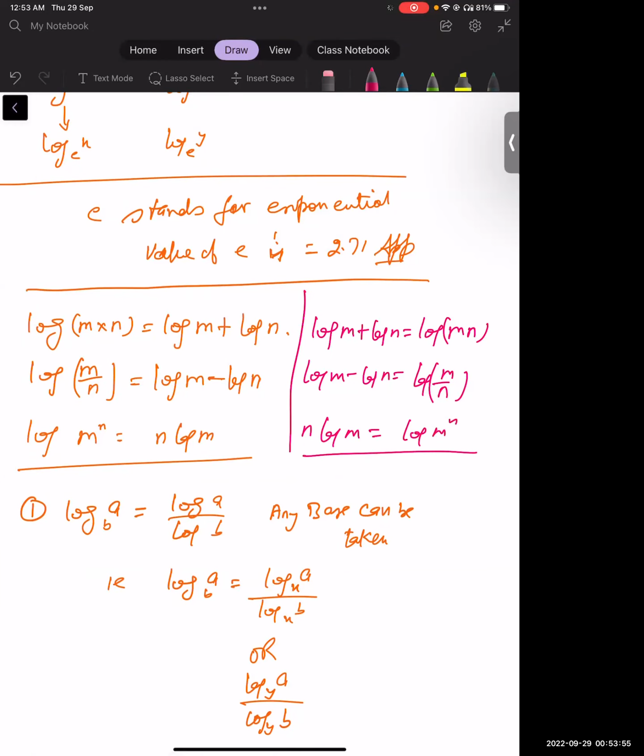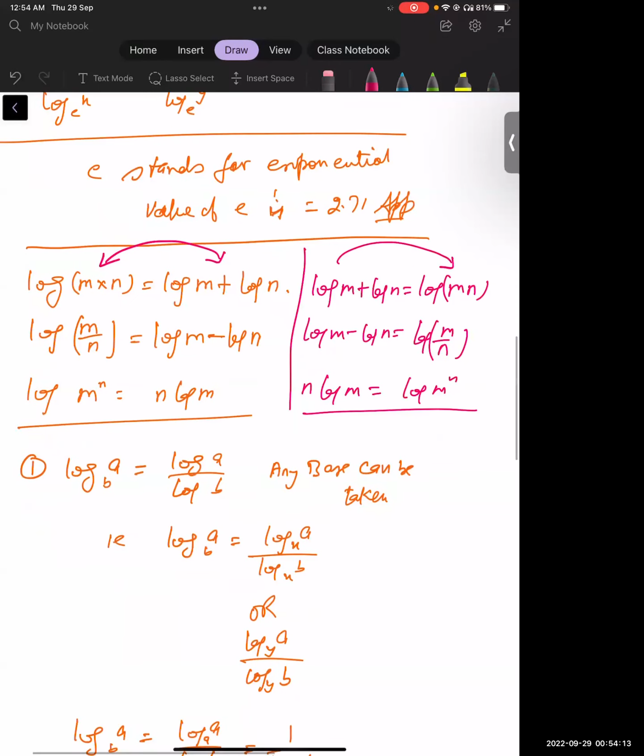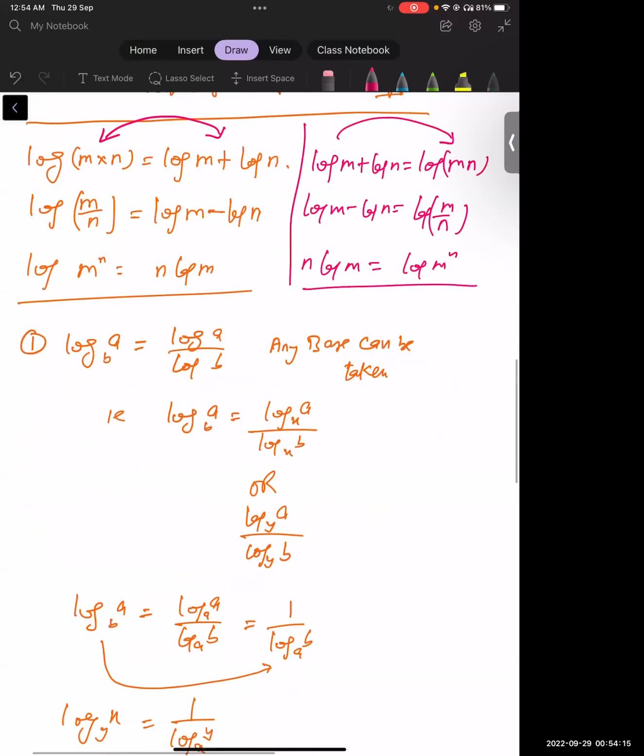That means you should know the property like this and also from this to this. Both ways the property should be learned. Otherwise, you will use the wrong property in a wrong way and the answer will come out to be wrong. Got it? Similarly, I'm going to tell you one more thing.